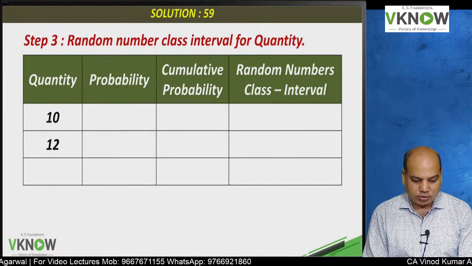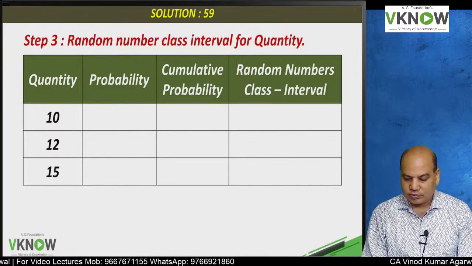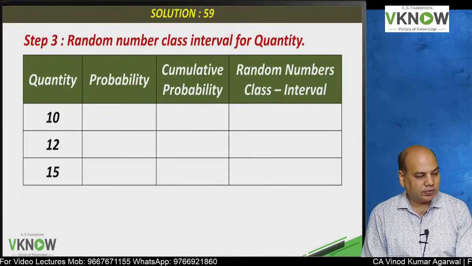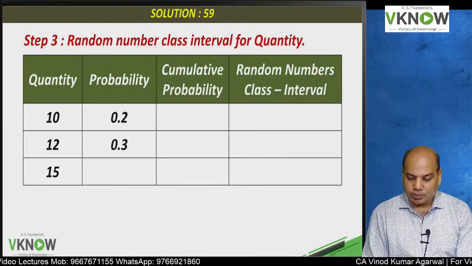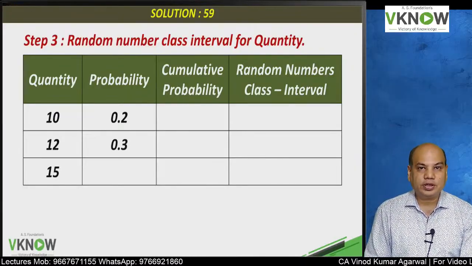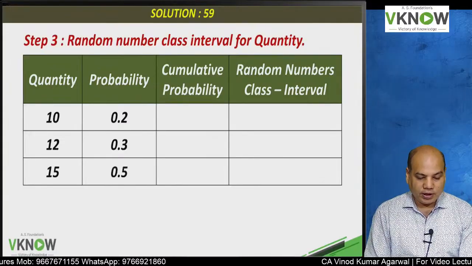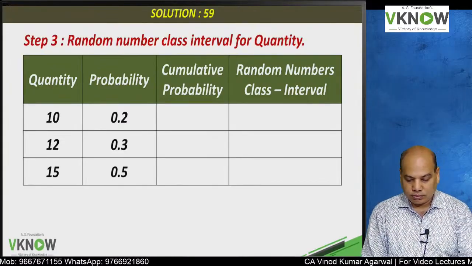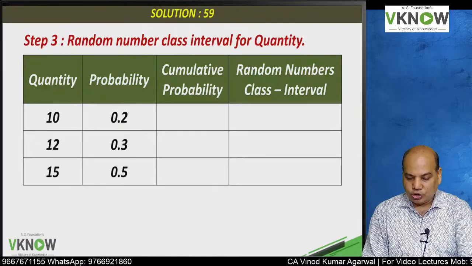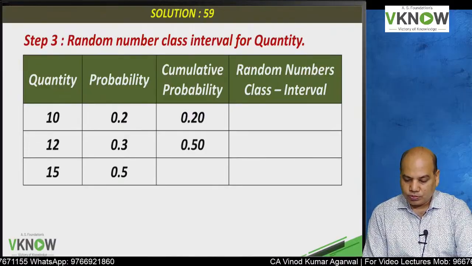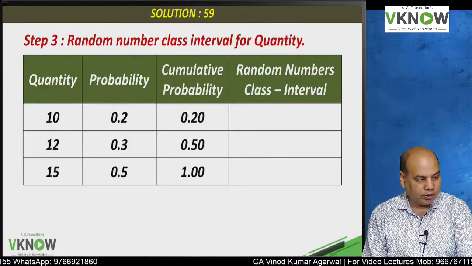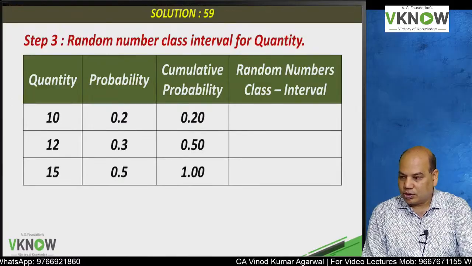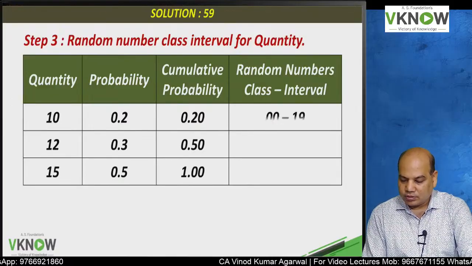Quantity 10, 12, 15. Quantity is given. Probability is given 0.2, 0.3, 0.5. Cumulative 0.2, 0.50, 1. What will be the class interval?